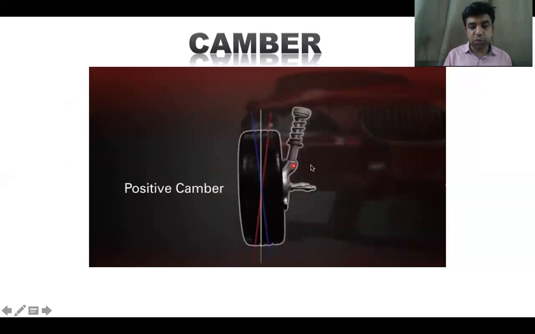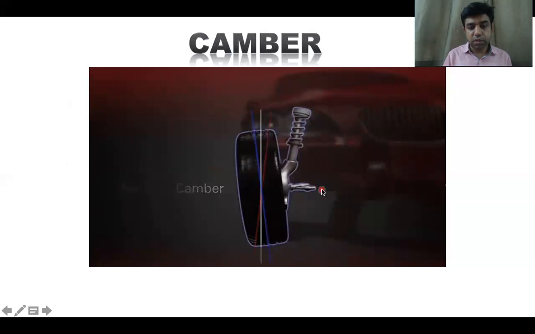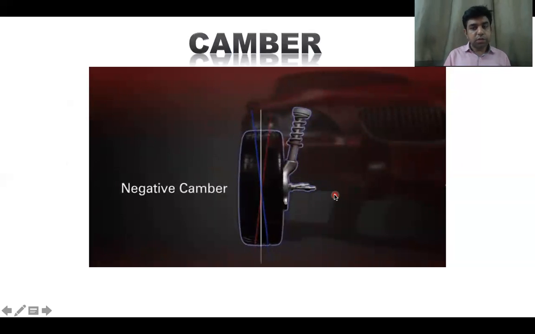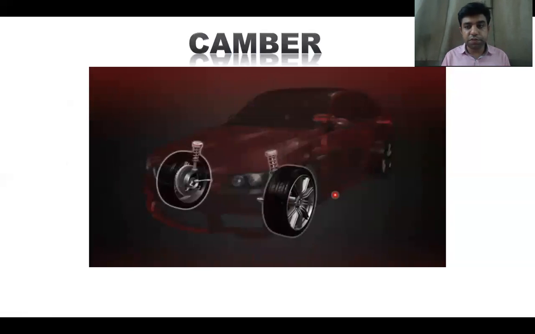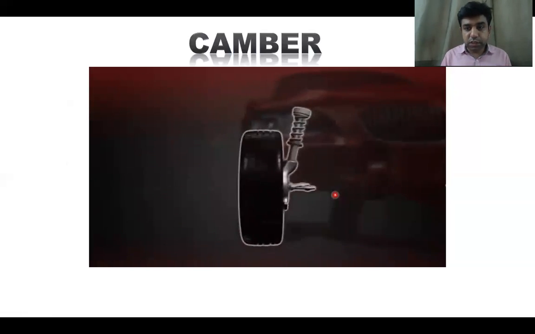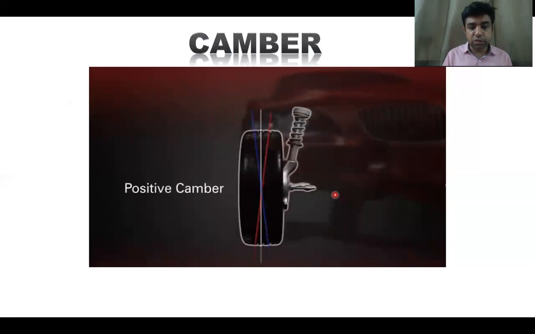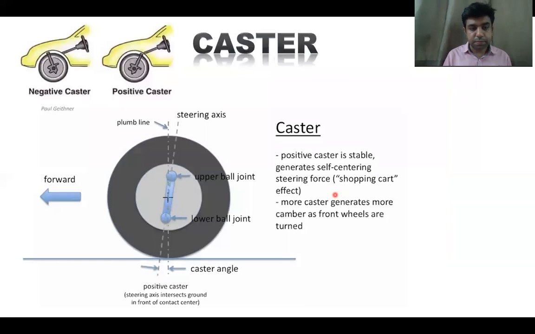On this side it is positive camber, and on the opposite we have negative camber. This should also be in the proper, designed range of the vehicle. By adjusting the kingpin inclination, you can make this proper adjustment.